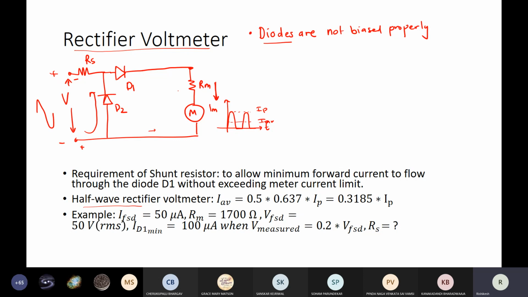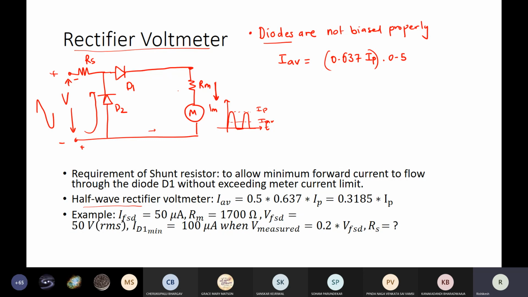In the case of full wave, the average current was 0.637 times IP. Now, since we are skipping one cycle, the average current will be 0.5 times the average current associated with full wave rectification.